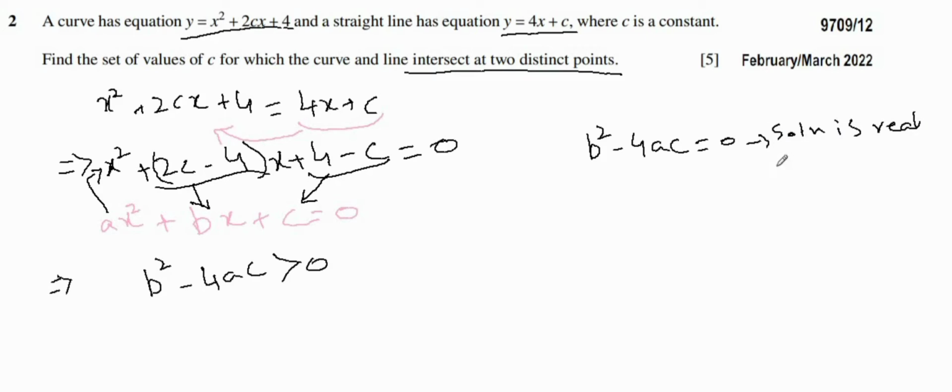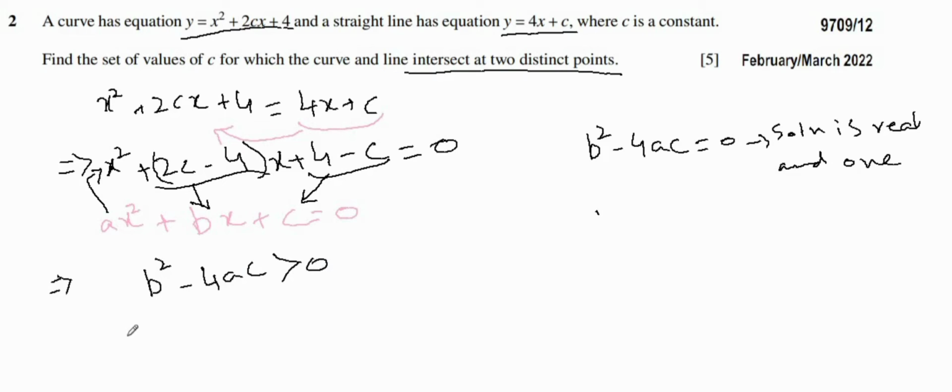We all know that. Okay, we have studied it already. And if it is greater than 0, that means the solution is real, and there are two solutions basically. So that is why b squared minus 4ac must be greater than 0.